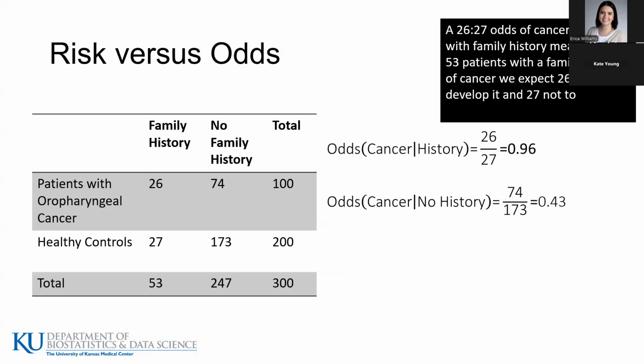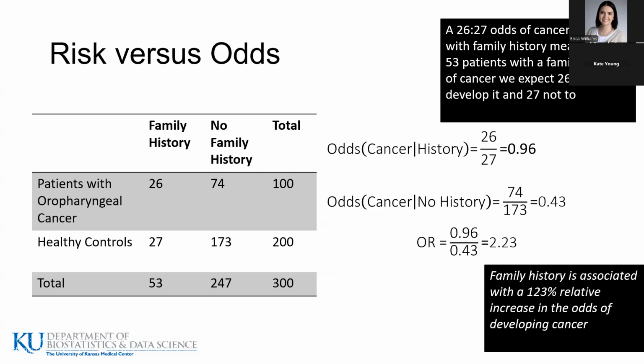So a 26 to 27 odds of cancer is associated with a family history, meaning that in 53 patients with a family history of cancer, we would expect 26 to develop it and 27 not to. If we calculate the odds ratio, we get 2.23. This means that a family history is associated with a 123% relative increase in the odds of developing cancer.